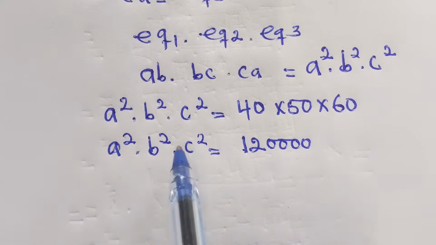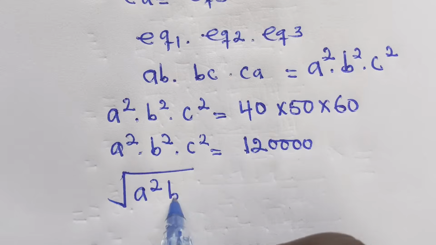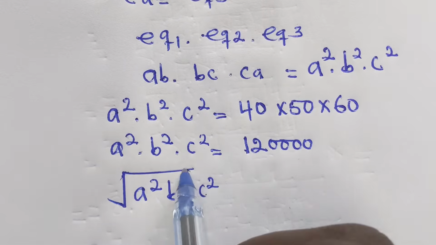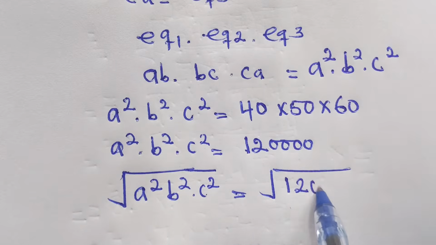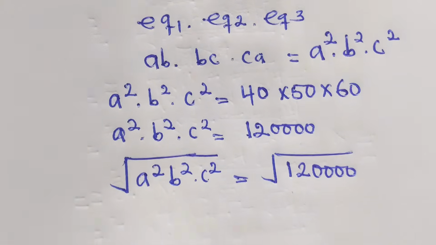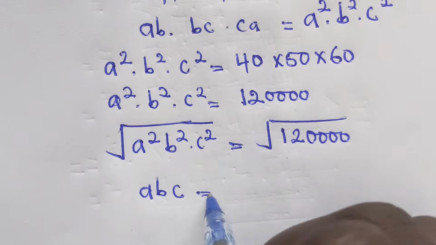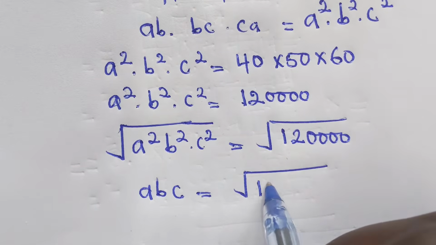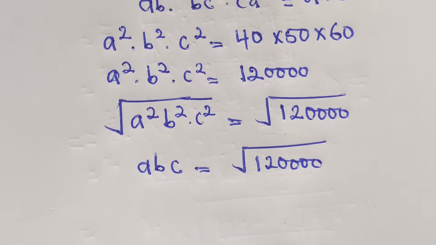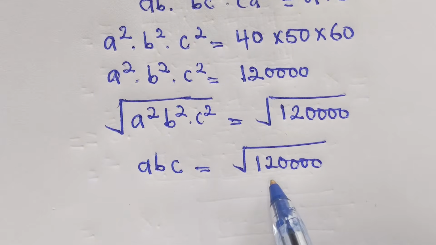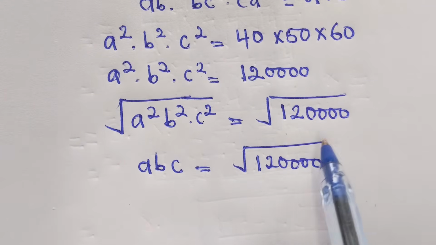By finding the square root of this, the square root of A squared B squared C squared equals the square root of 120,000, to mean that ABC equals the square root of 120,000.